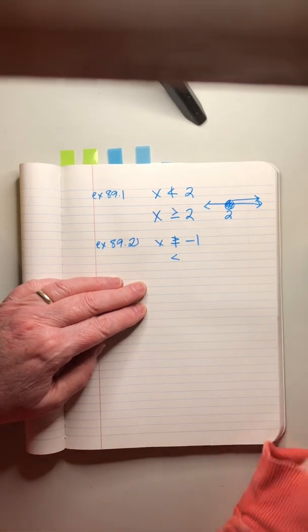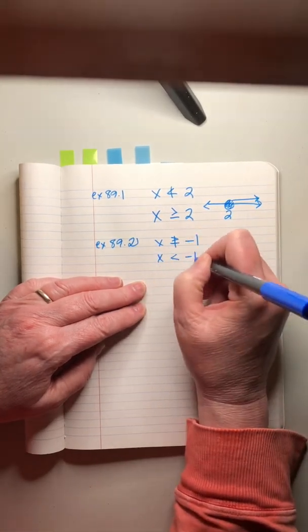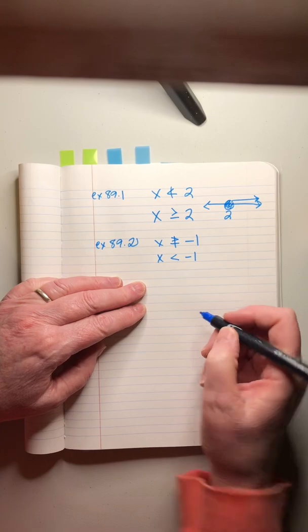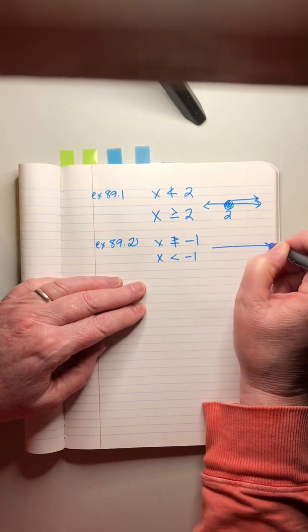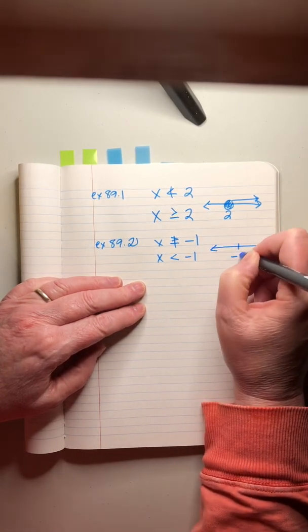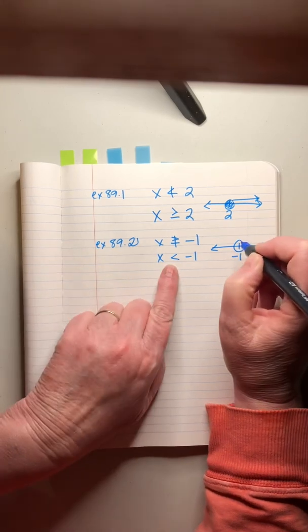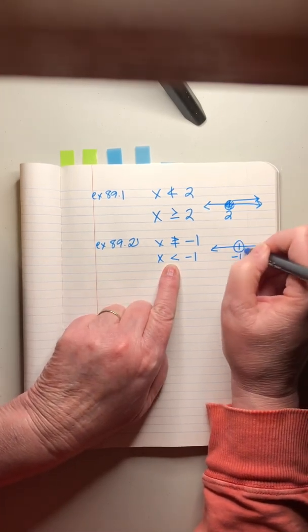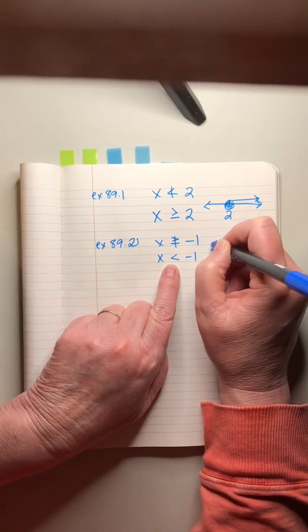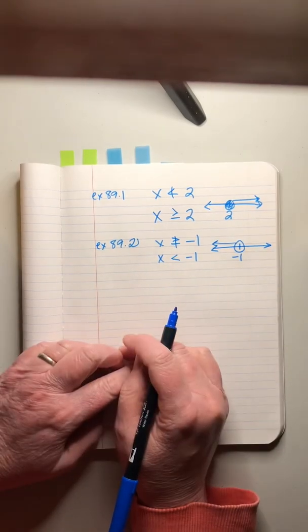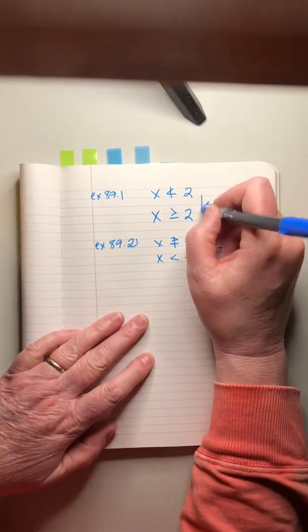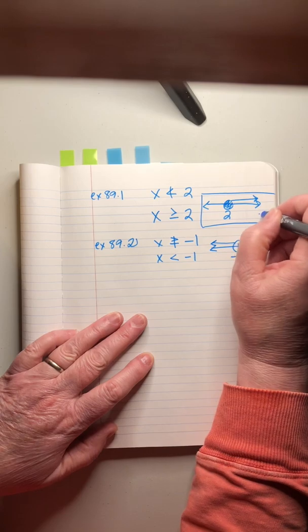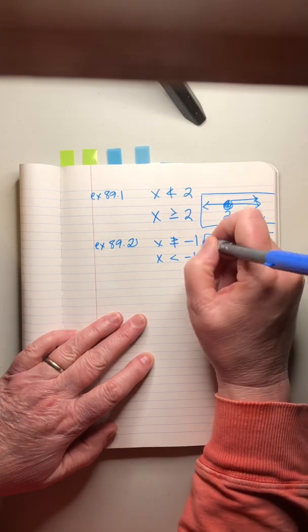It's the one that's not showing. X is less than -1. So I can draw my picture just as concisely. Here's my -1. This time I circle it because it doesn't have an equal sign. So I don't want to include the actual -1. There it is. That's our answer. These are both correct, by the way. Let me smile at them.